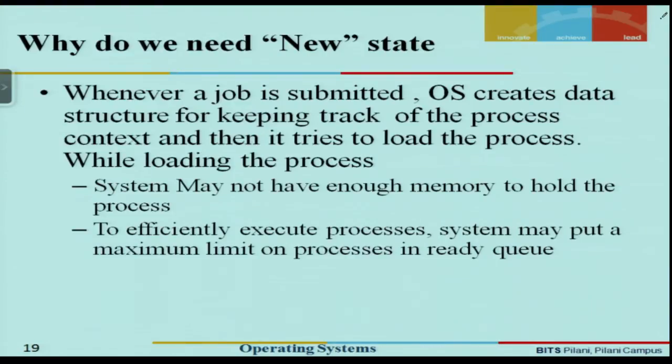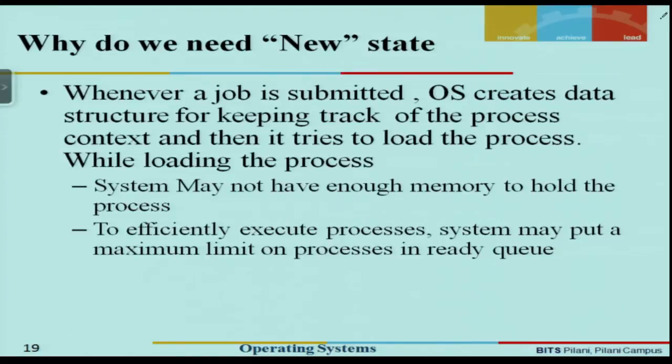So under such a condition, what do we do? The user submits a job and the system might just throw a message saying insufficient memory and the program cannot be executed. Now the user would have to keep trying, and probably once in a while, when he becomes lucky, his program will get executed.